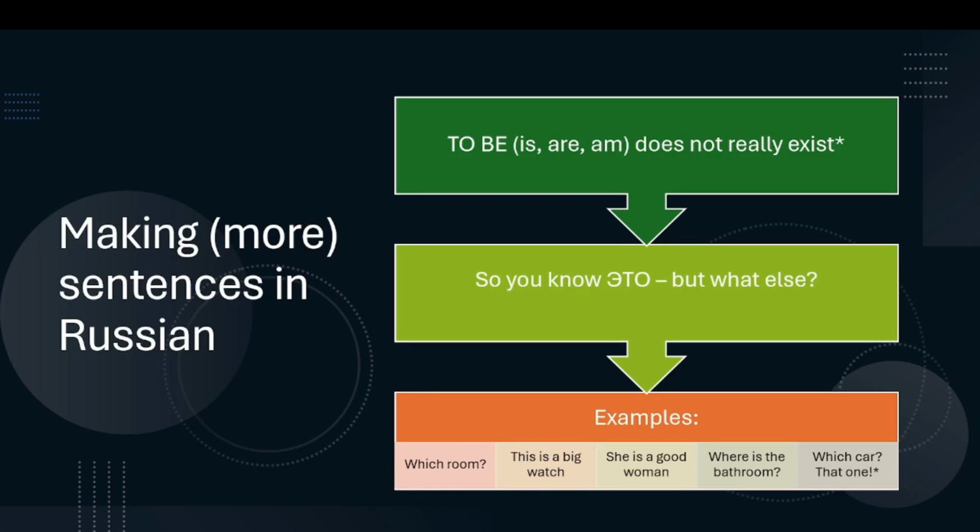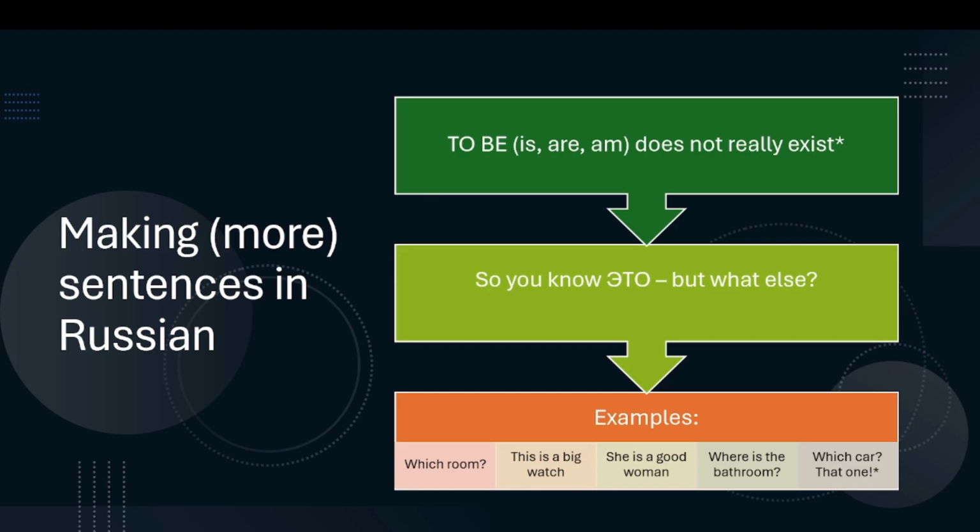Okay, so you'll recognize this from last lesson, making more sentences in Russian. We covered last lesson that the word to be does not necessarily exist in Russian. Now, it does exist, but for our purposes of learning Russian, translating it, we can assume that it doesn't necessarily exist.